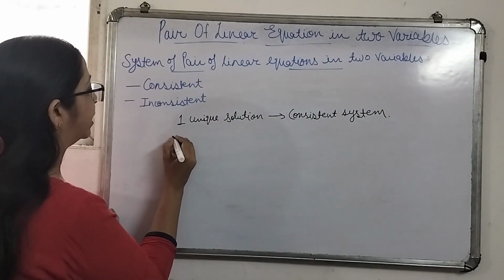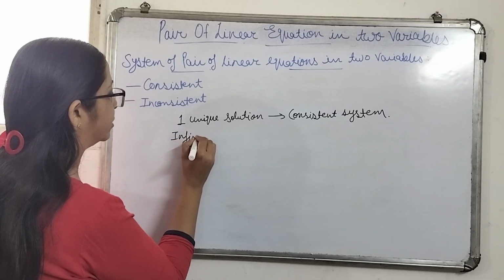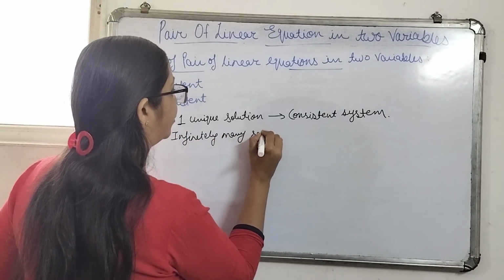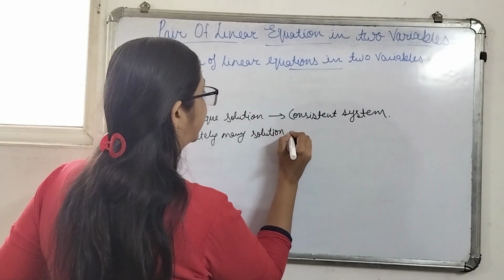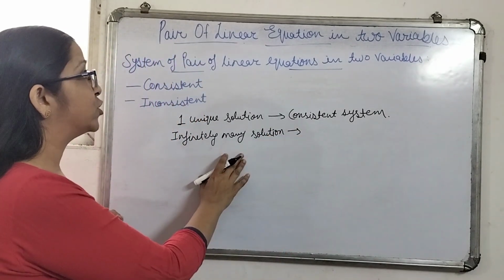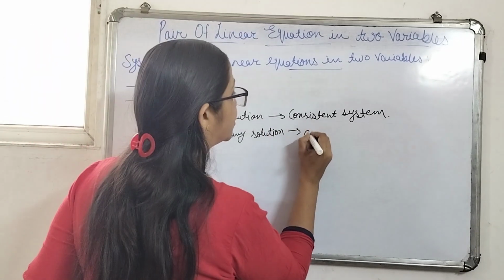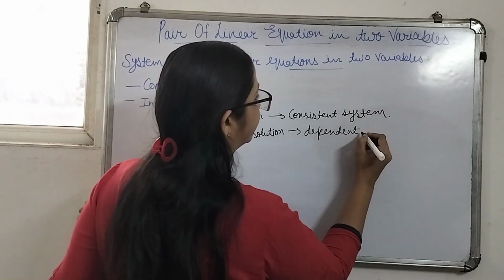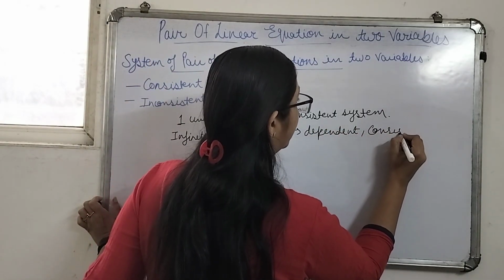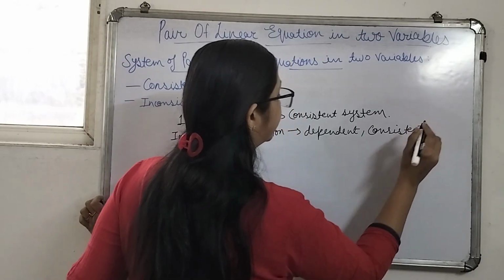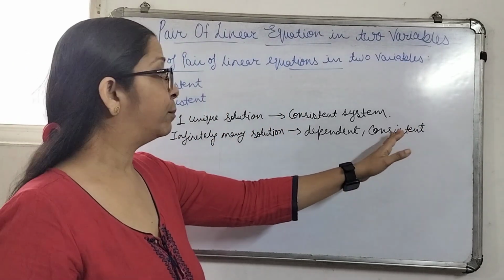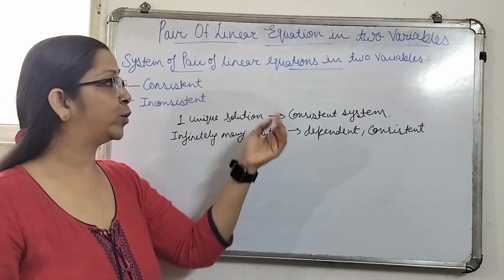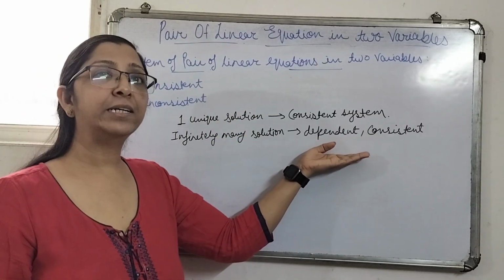And if there are infinitely many solutions for the pair of linear equations, then such linear equations are also known as dependent, and they are consistent also, because they have a solution. That means they will be consistent. If there are infinitely many solutions, such linear equations are known as dependent equations.